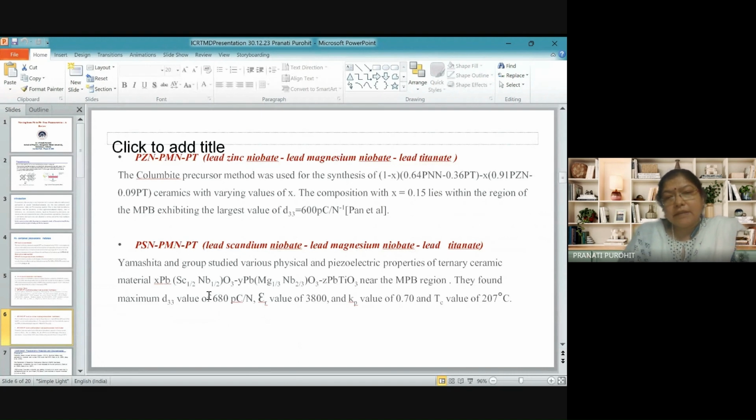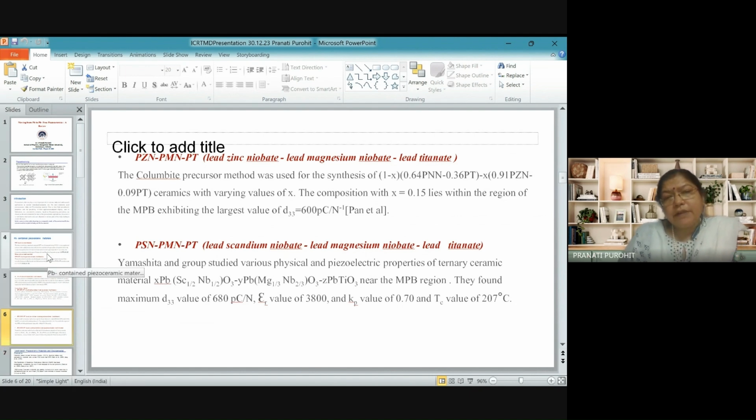For this mixture near the morphotropic phase boundary, they found a maximum D33 value of 680 picocoulomb per Newton. This D value is also known as the piezoelectric coefficient. The dielectric constant is around 3,800, and the Curie temperature is around 200 degrees.